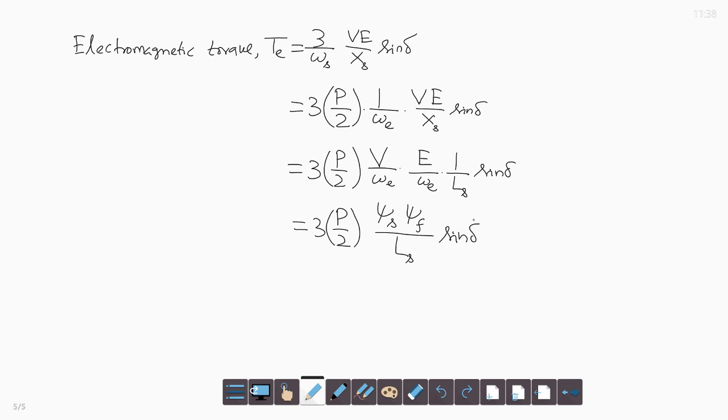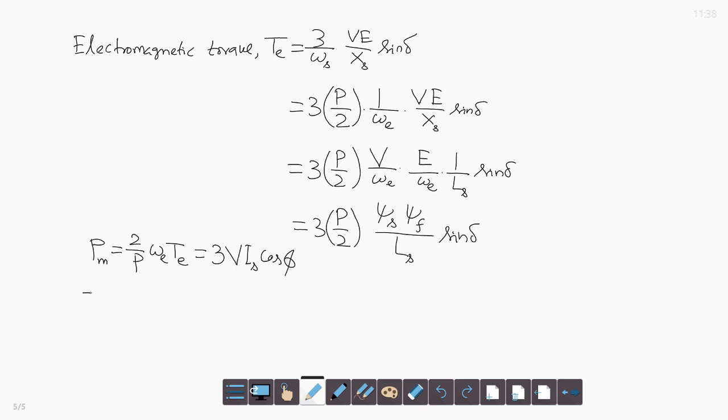Another expression is, let us write in terms of power, because power Pm is 2 by P into omega e into electromagnetic torque Te, and power is 3 V Is cos phi.